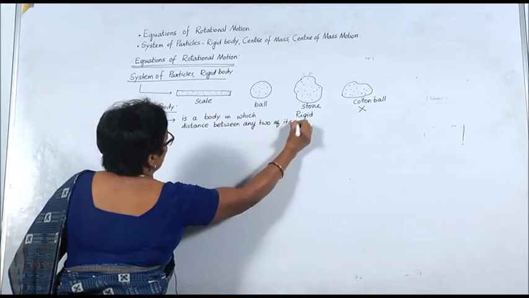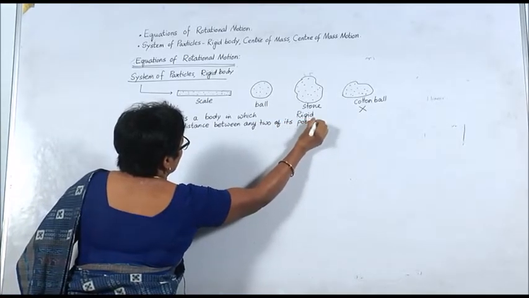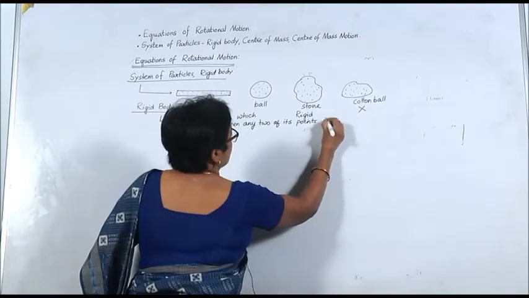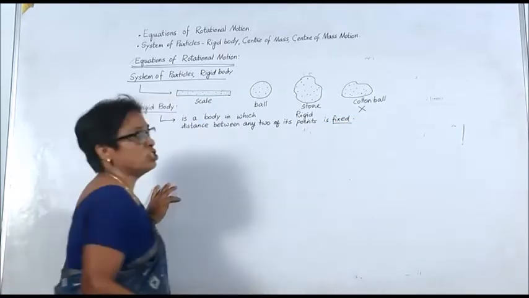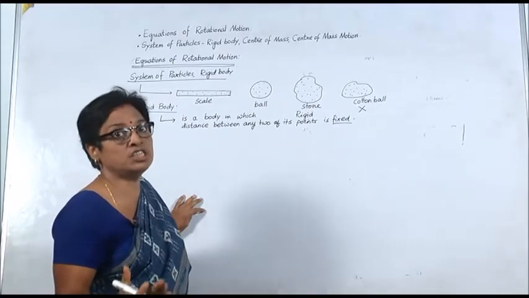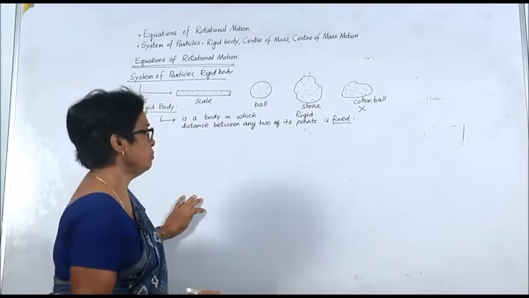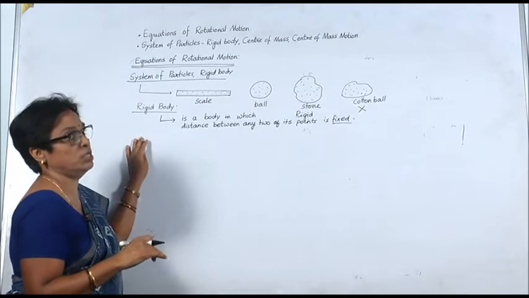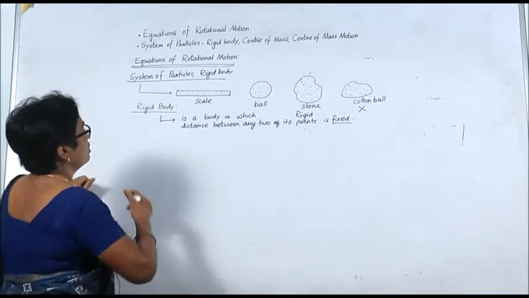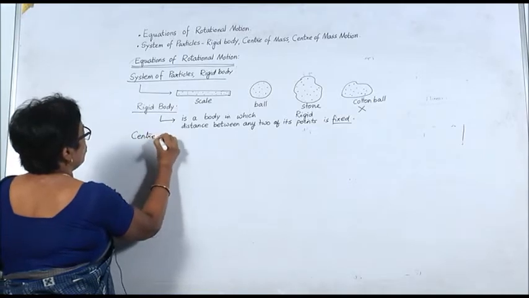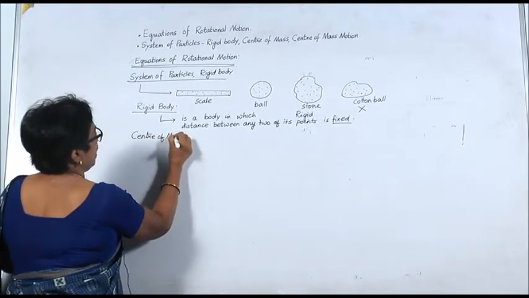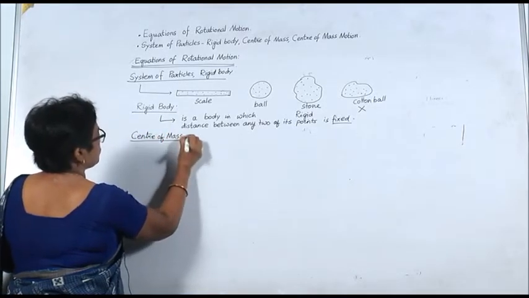You take any two points, the distance between them remains constant, it does not change. So it is an unchanging shape body, it is a rigid body. So we will talk about rigid body only. That is why I defined the rigid body first, then I will come to the center of mass. So we will find out the center of mass of a rigid body.